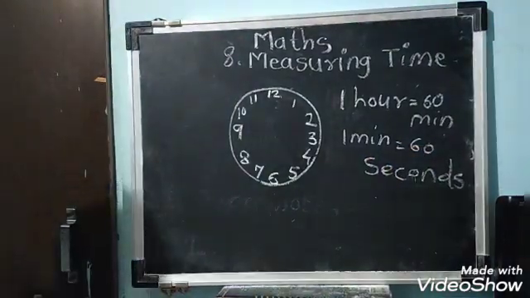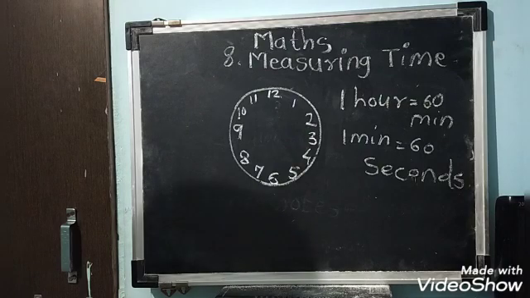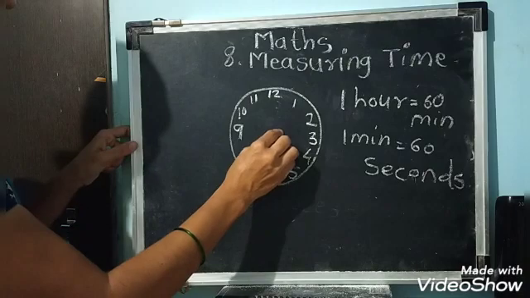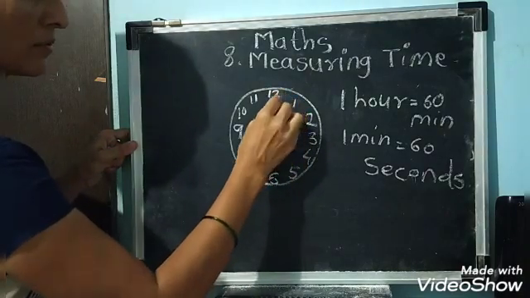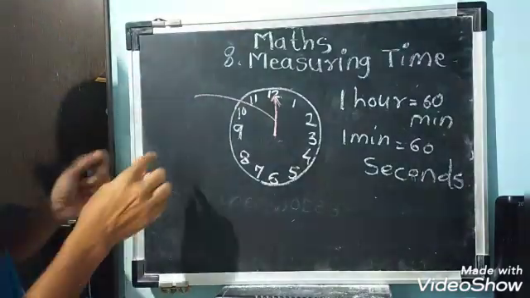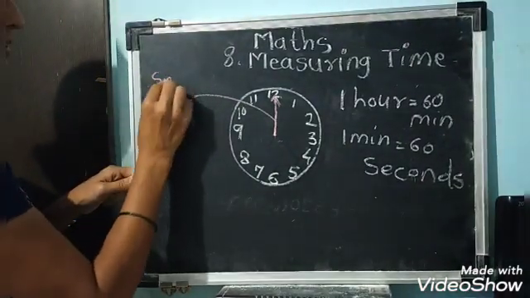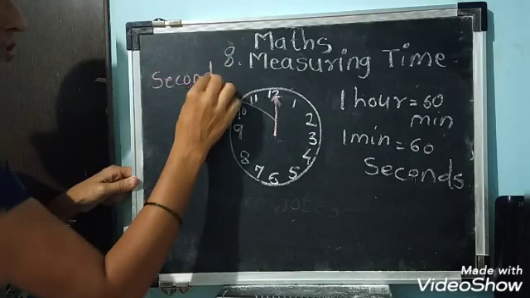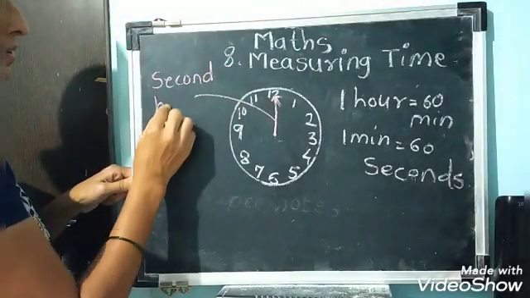in scholarship exam. See, in clock there are 3 hands. The longest hand is called the second hand, and it is thin. Mostly we don't use it.